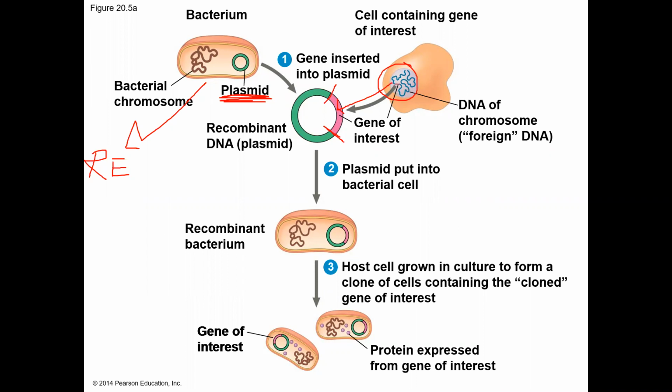And this is just simply called cloning. You're cloning this plasmid so that you can make more copies of that gene, or you can make more copies of the protein that it expresses. You then take that plasmid, it's now called a recombinant plasmid because you've added foreign DNA, you've added DNA from another organism, and you can put the plasmid back into the bacterium.